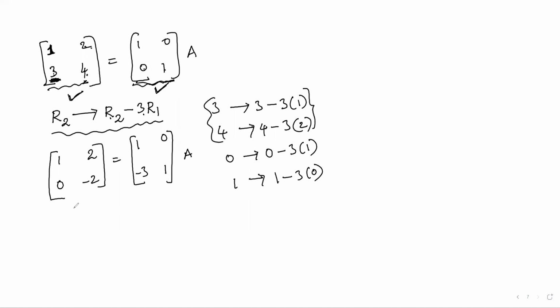Next, again, what we should do? This one we should make 0. You should understand the process. First this one you should make 1, then this one is 0, then you have to make this one 0, and then this one 1.